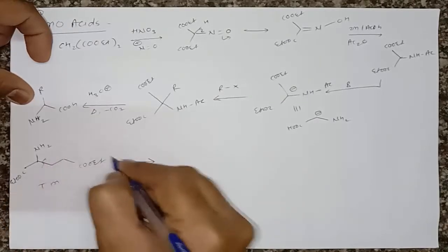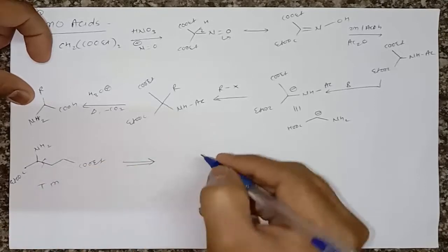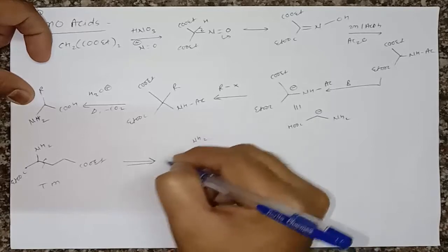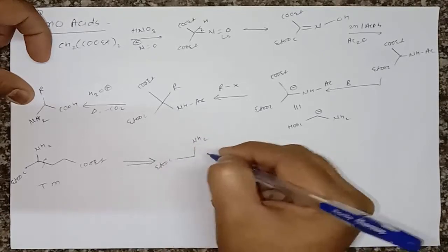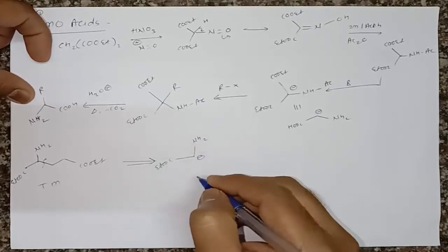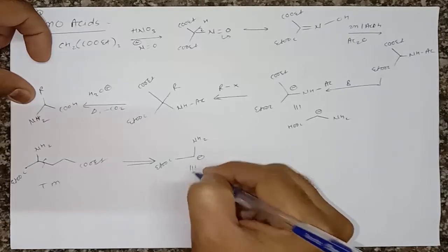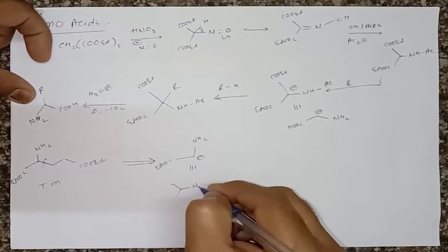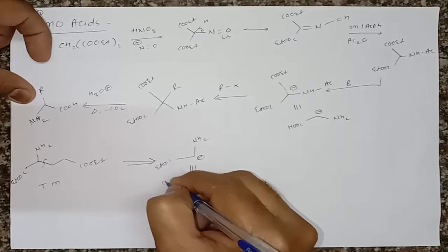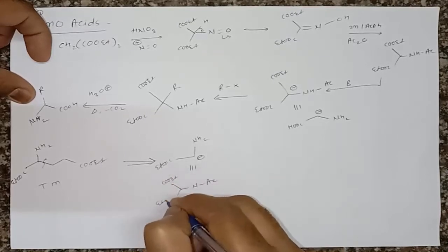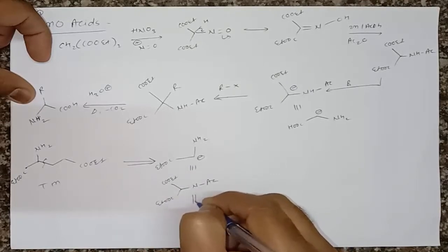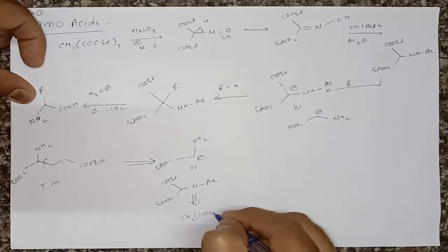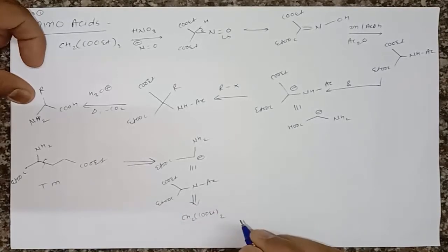That means we can consider this part as an R group, so it gives a synthon containing such an anion, right? And we know its synthetic equivalent will be NAc, COOEt, then EtOOC, and it can be prepared from CH2COOEt twice, right?